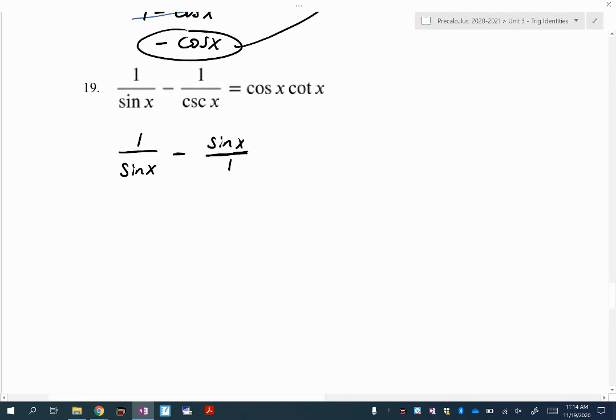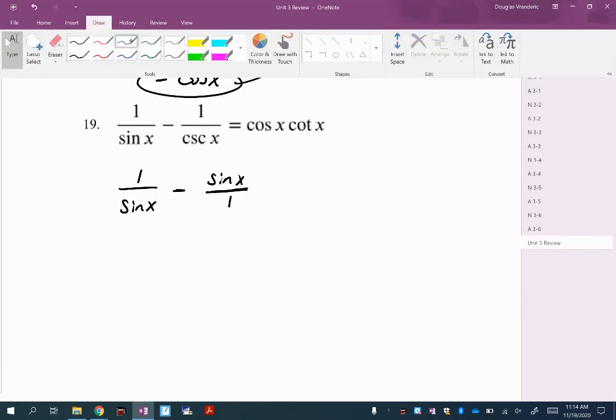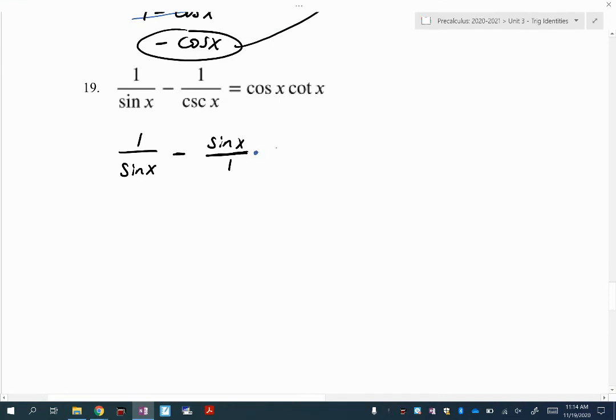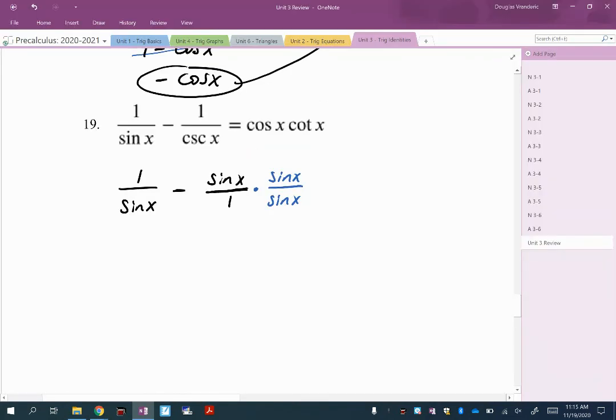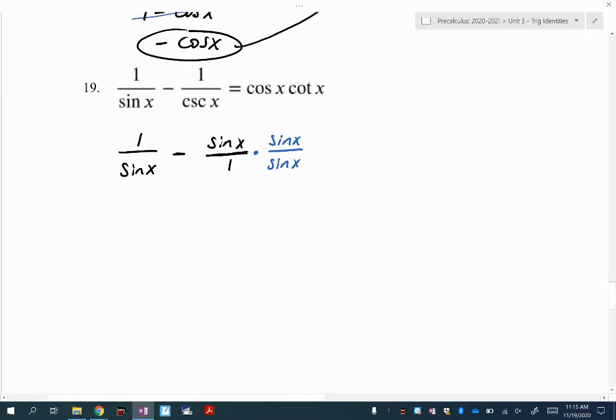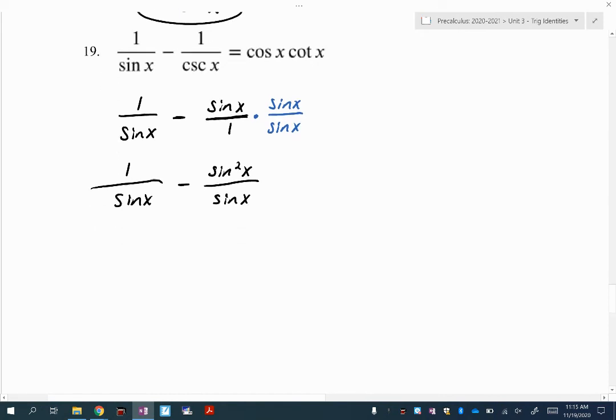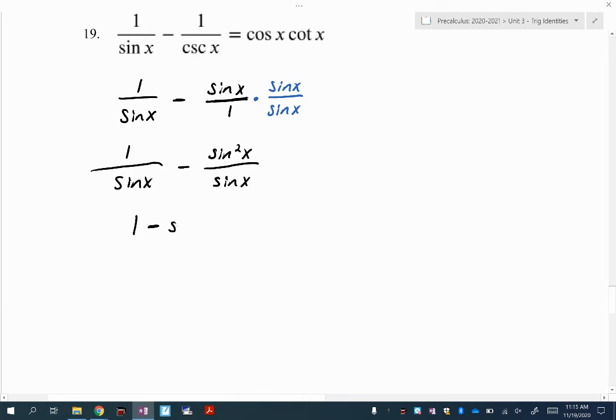So to get a common denominator, I need to multiply this one on the right by sine of x over sine of x. Now that gives me 1 over sine of x minus sine squared x over sine of x. Okay, so now I can put them together. They have common denominators. So 1 minus sine squared x over sine of x.